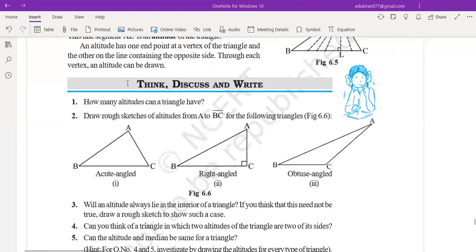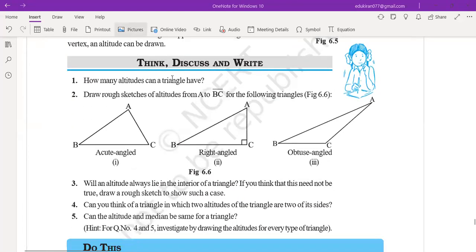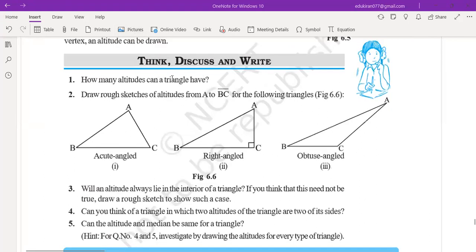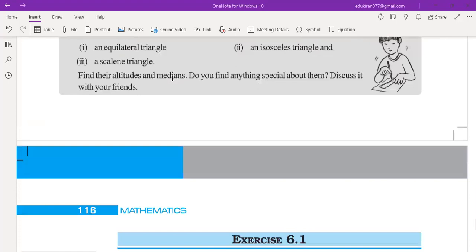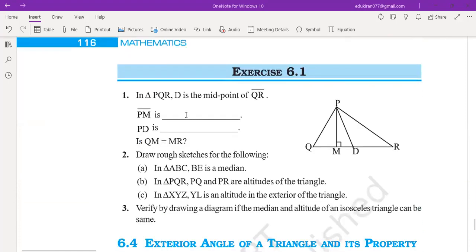Everyone, you will first tell me the answer of the first one. How many altitudes can a triangle have? But before starting, you will tell me one thing. What is the difference? Okay, let's just start from here first. Okay, this one.